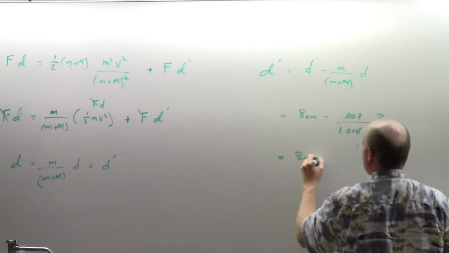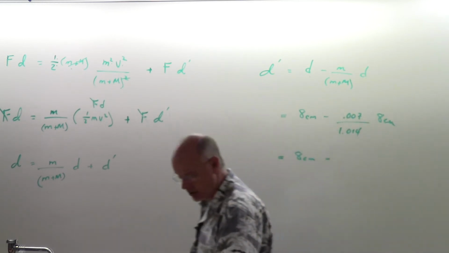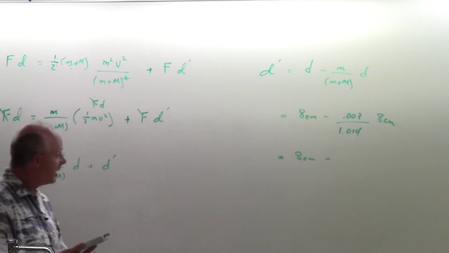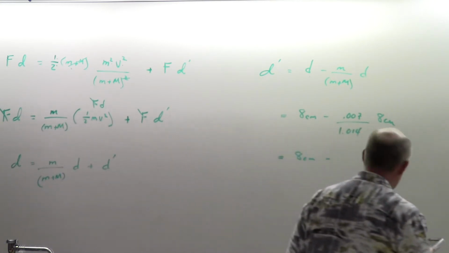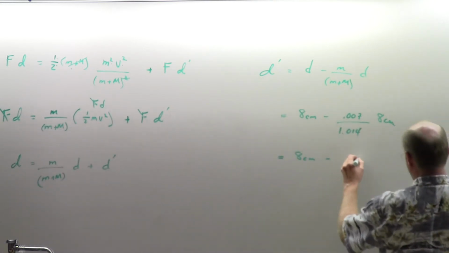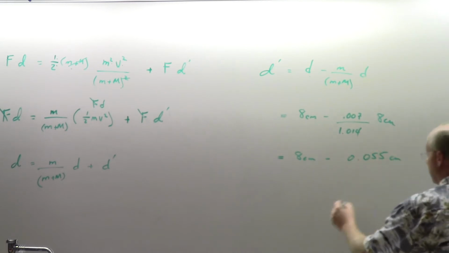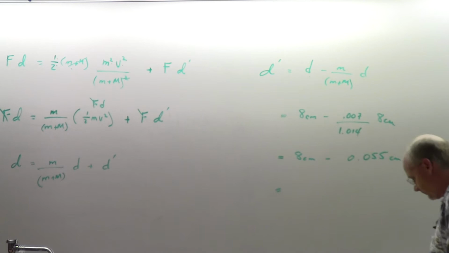And so I have 8 centimeters minus, it's not much, so it's not going to be that much different. 0.007 divided by 1.014 times the 8, and it's 0.055 centimeters.